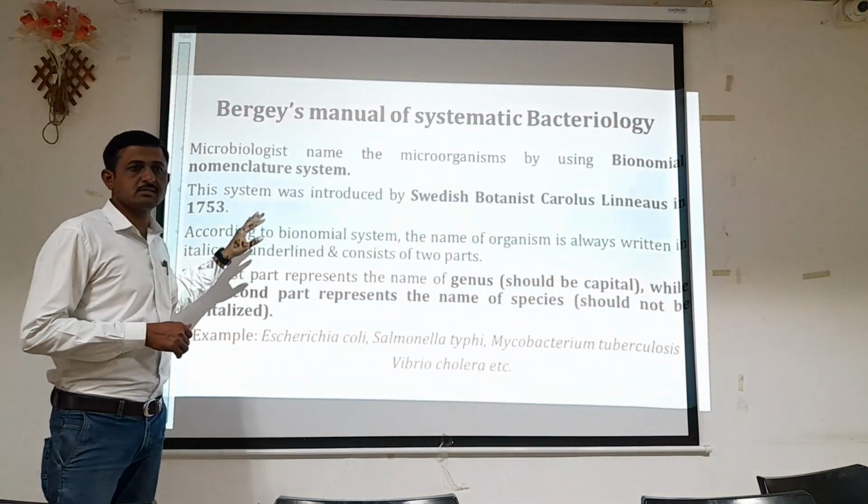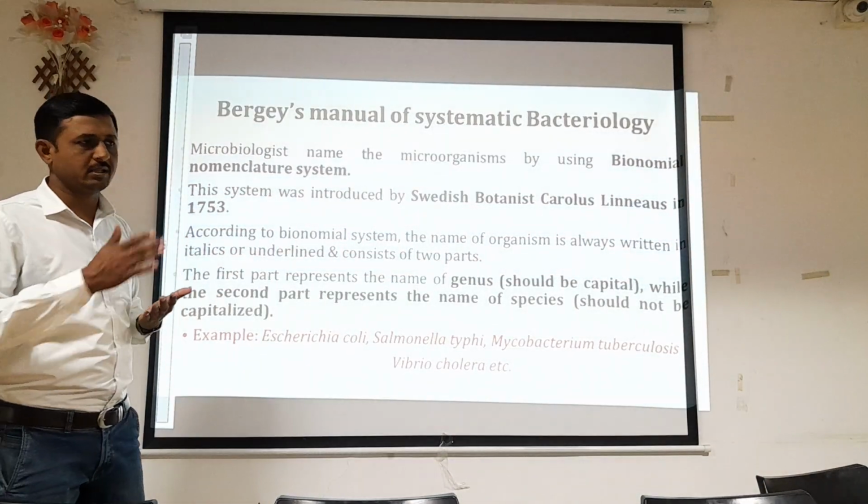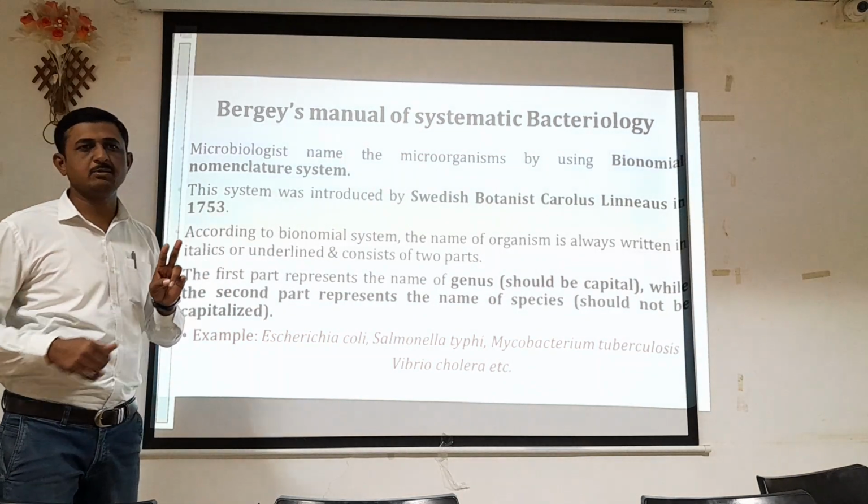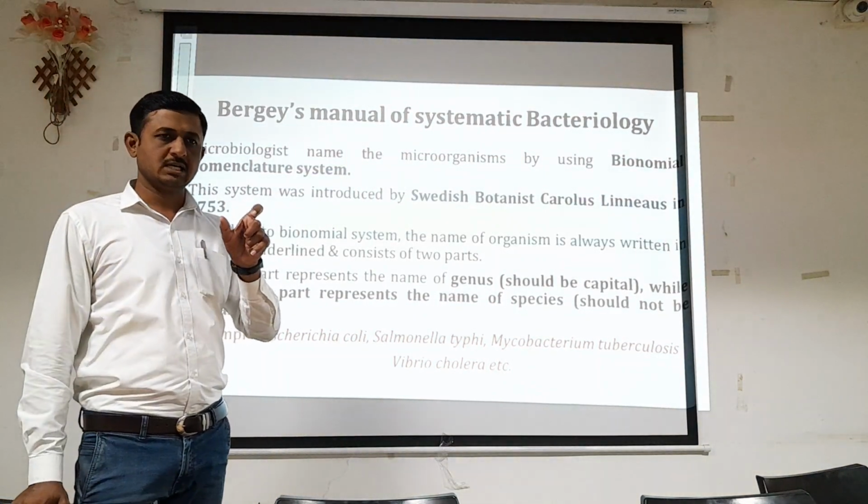Normally it is in Latinized form, and we have to write the name of the genus and the species. Binomial means it includes the genus name and the species name.